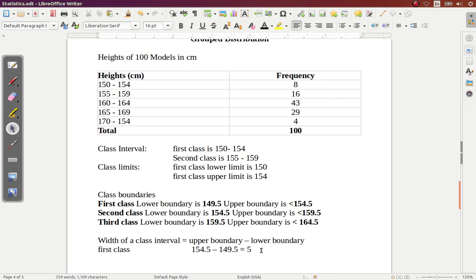And the upper boundary is the highest value that you could theoretically have measured before you round it back down and place it in that section of the table. And then the width of the class interval is the upper boundary minus the lower boundary.